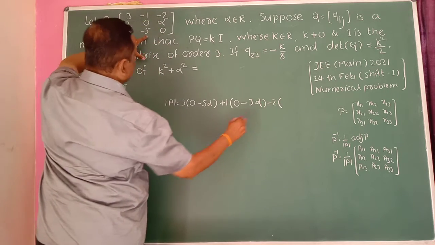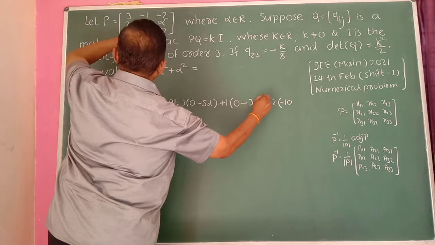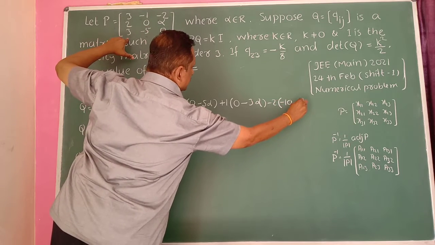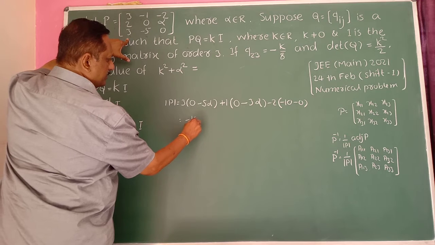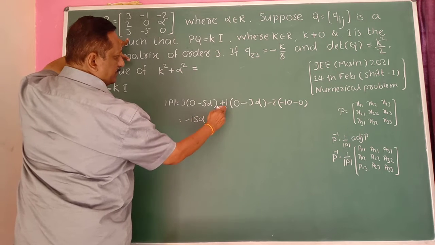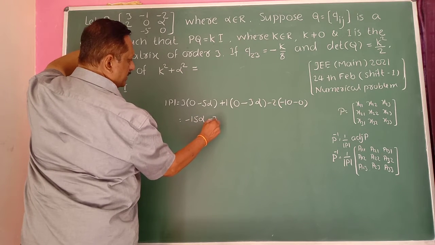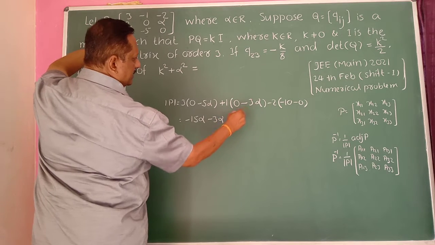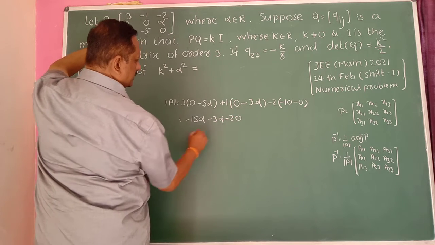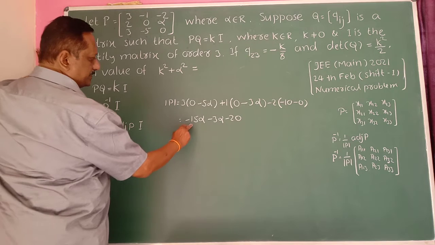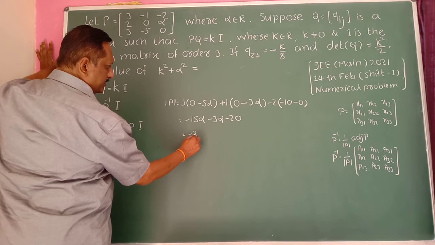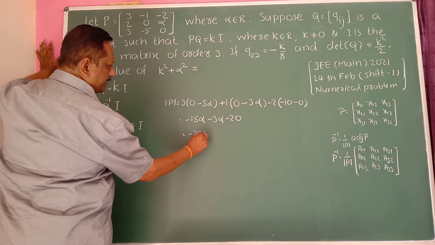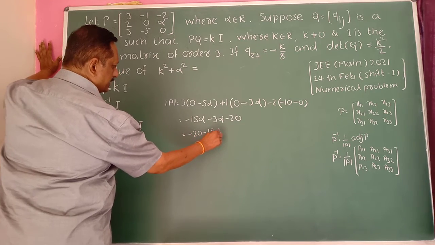Then 5 2s are 10 here. Minus of 10, 0 into 3 becomes 0. Okay. Therefore, 5 3s are 15 here. So minus of 15 alpha, minus of 3 alpha, 10 2s are 20 here, minus of 20. So minus 15 minus 3 minus 8 here. So minus of 20 minus of 18 alpha.